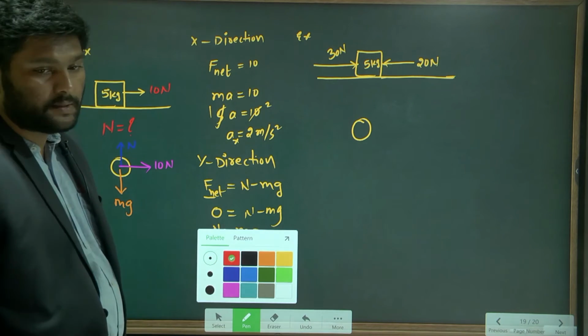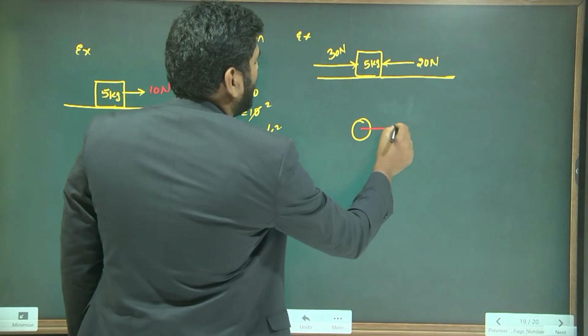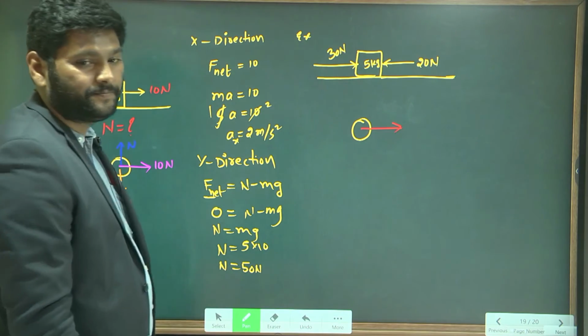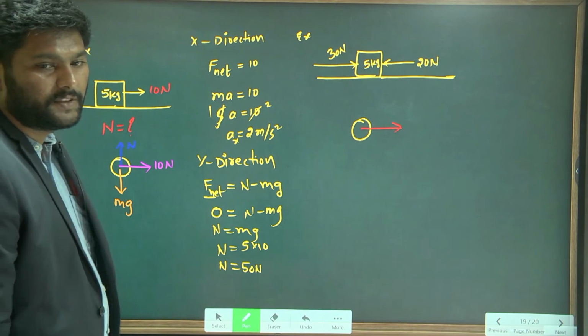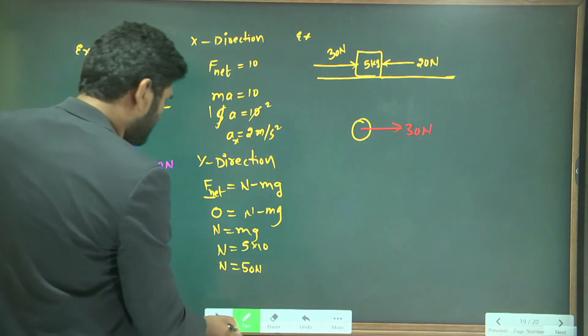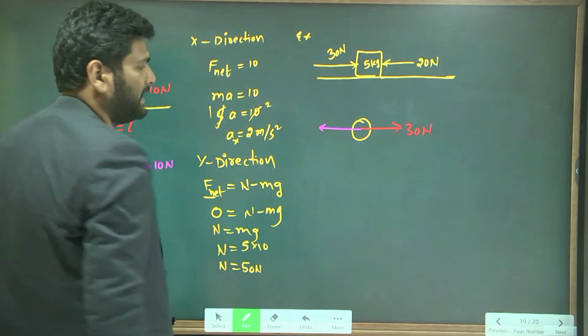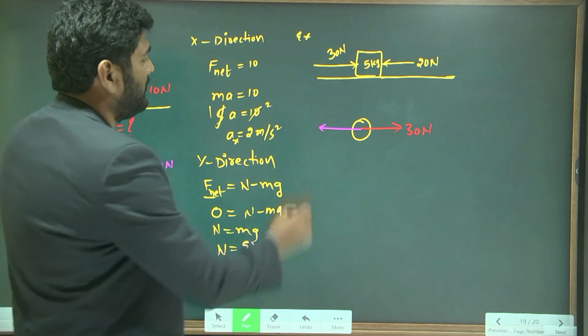Take the forces. Along this direction, how much is the force acting? 30 newtons. Excellent. You are right. And along this direction, how much is the force acting? 20 newtons. Excellent.